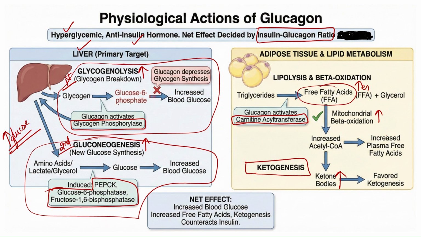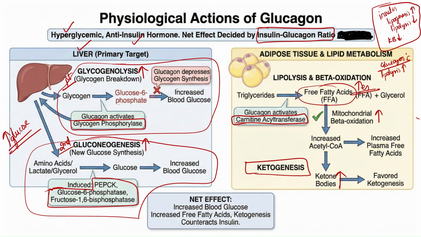Coming to the adipose tissue, insulin favors lipogenesis: lipogenesis increases, lipolysis decreases, ketone bodies decrease. Remember this. The reason glucagon is an anti-insulin hormone is that glucagon increases the breakdown; it increases lipolysis. So free fatty acids are increased.